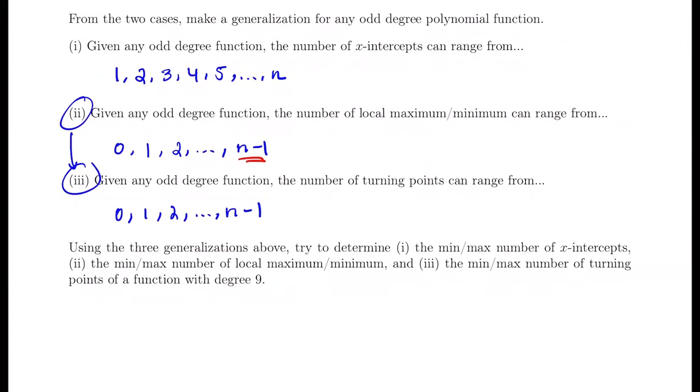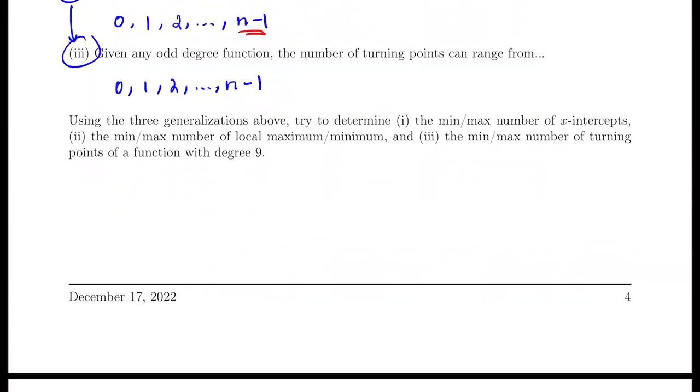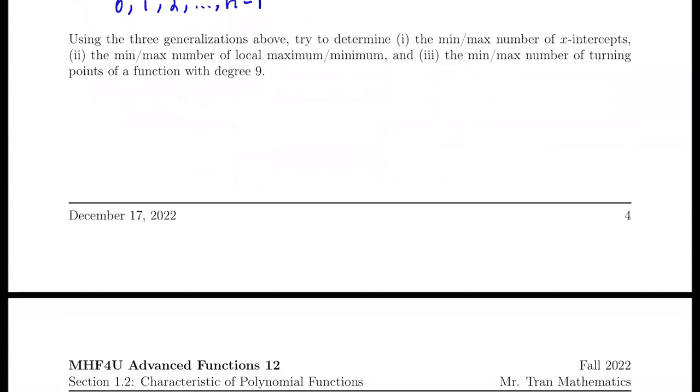Okay, so let's use the 3 generalizations for odd degree polynomial functions to determine the minimum and maximum number of x-intercepts, the minimum and maximum number of local minimums and maximums, and the minimum and maximum number of turning points of a function with degree 9. So we want to focus on the 9th degree polynomial.